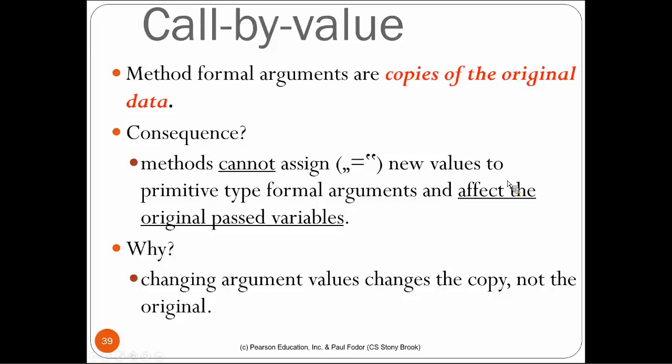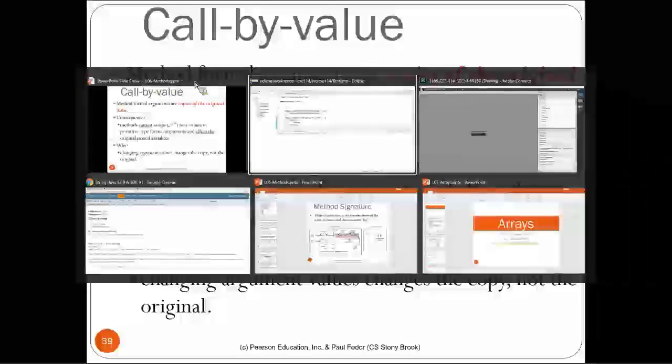So you cannot assign new values to the formal parameters and also affect the original variables that were passed. Why? Because changing argument values changes the copy, not the original. And I always found it very useful to see this through an example.